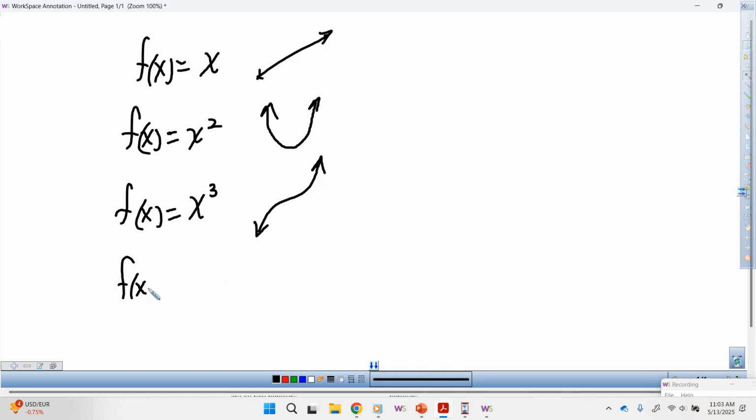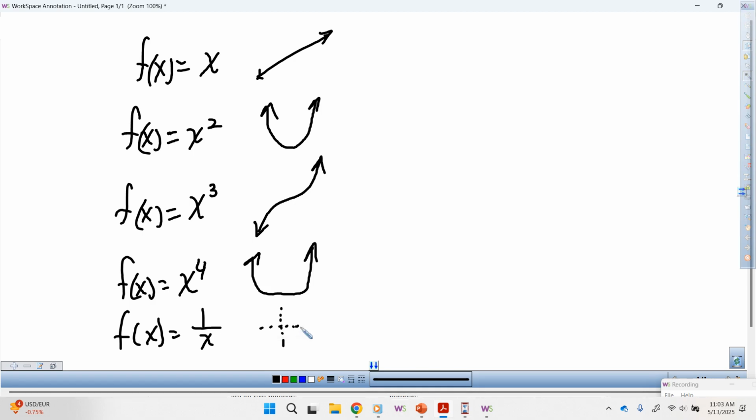From there we went to f of x equals x to the fourth when we did the polynomial functions, with a lot of stuff going on here and so on and so forth. From then we went to f of x equals 1 over x, which is the asymptotes, like so. And then we added f of x equals 1 over x squared with the asymptotes and the graph here and here.